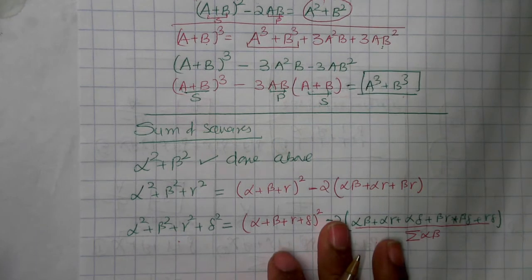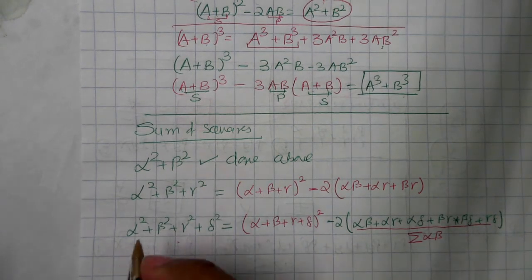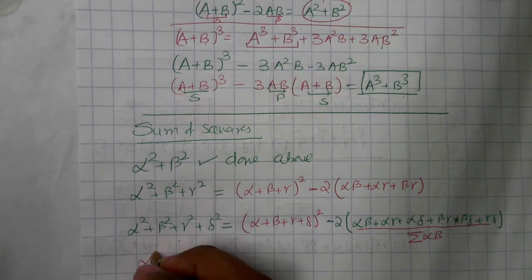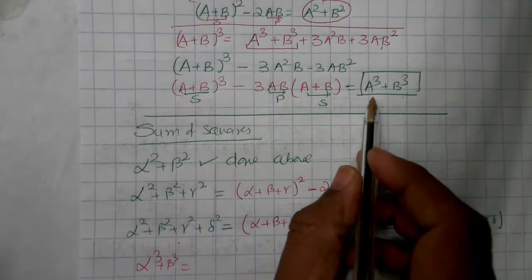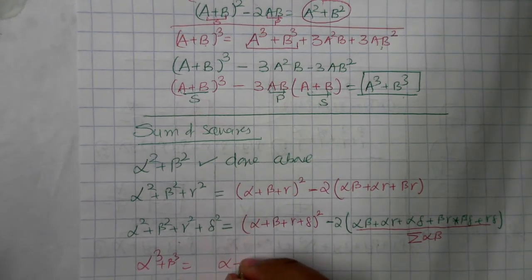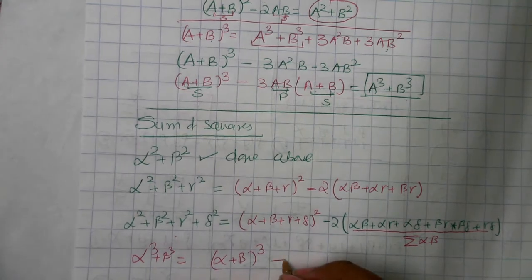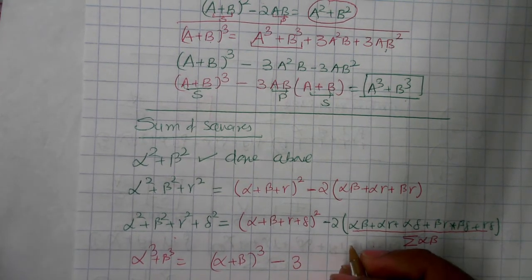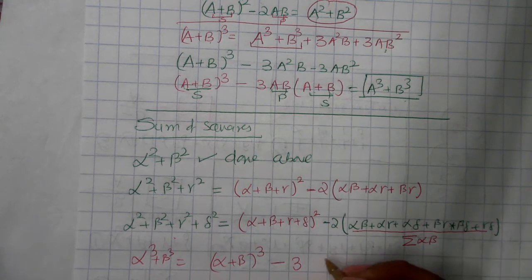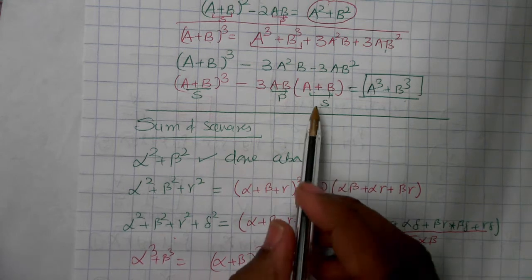Similarly, we can do sum of cubes, and alpha cubed plus beta cubed has been done over there, which is equal to alpha plus beta whole cubed, and minus 3 times alpha beta, which is the product, and times alpha plus beta, which is the sum.